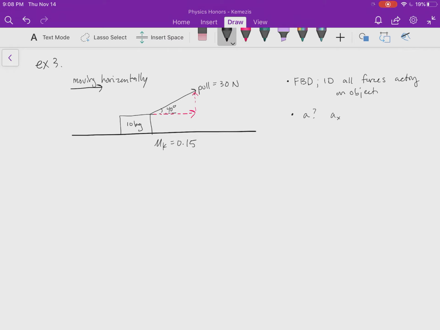We can talk about the acceleration in the x direction and/or the acceleration in the y direction. But the way that this problem is written, it says that we're moving horizontally. And what that means is that our a_y has to equal 0 because we're moving only horizontally.